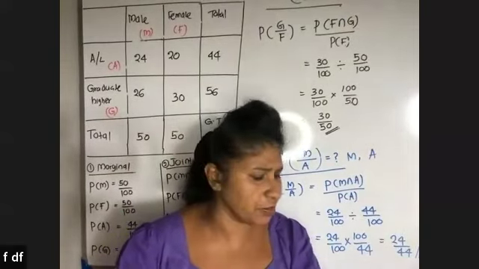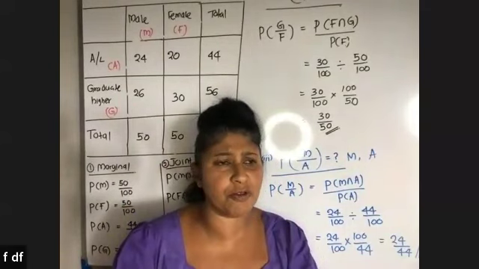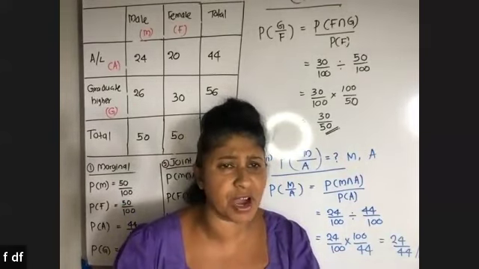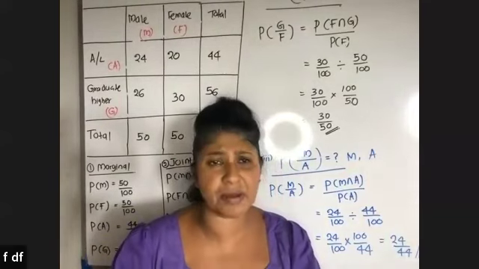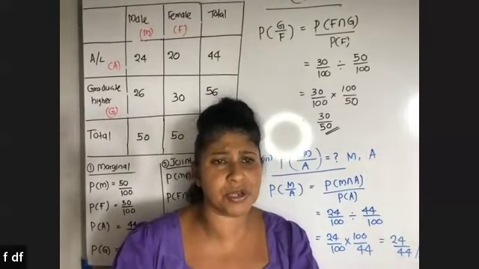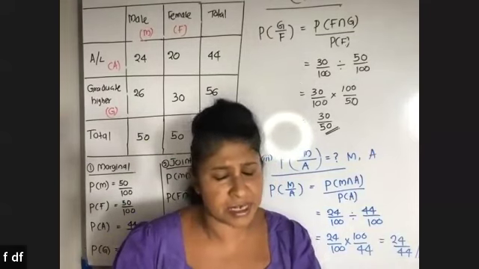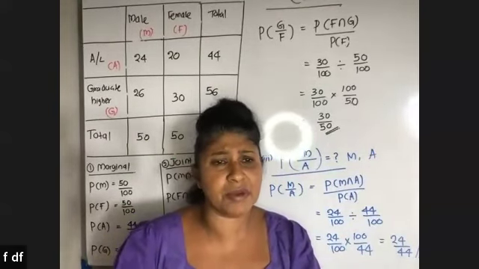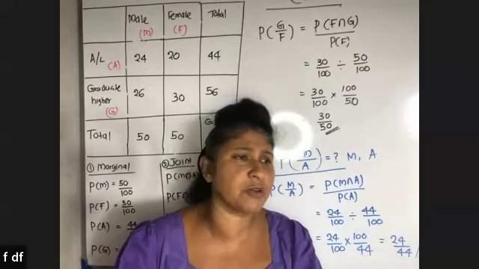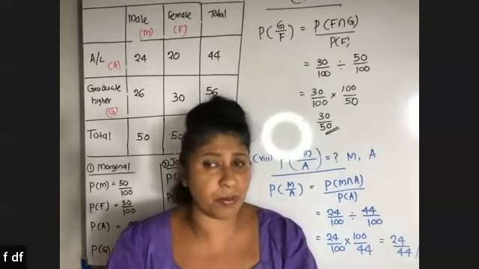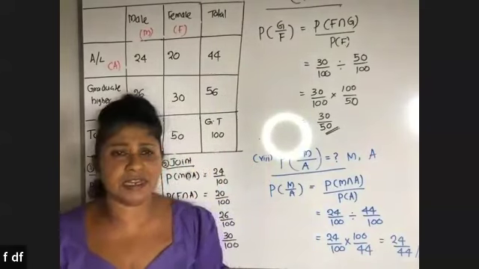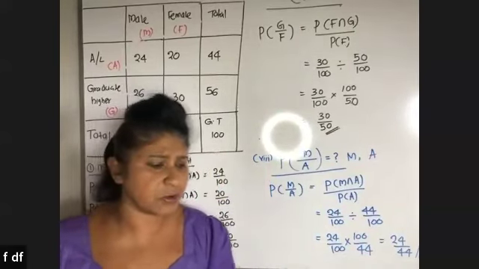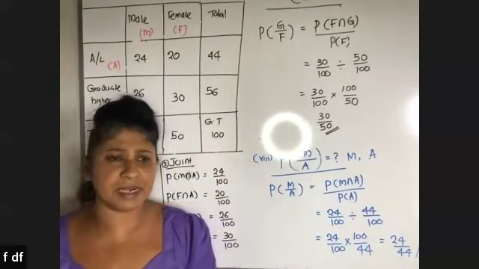What are those two ways? It can be represented in the form of a function or in the form of a table. We can represent the probability distribution either way. All probability distributions contain the values that the random variable can take with their respective probabilities. That is a probability distribution.